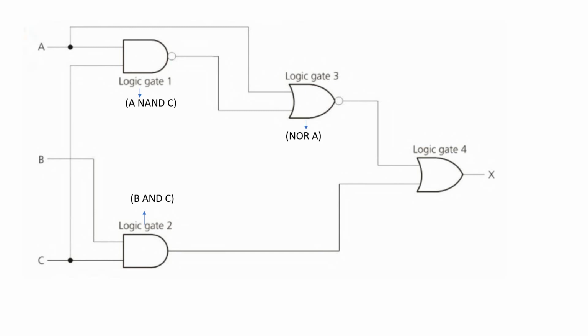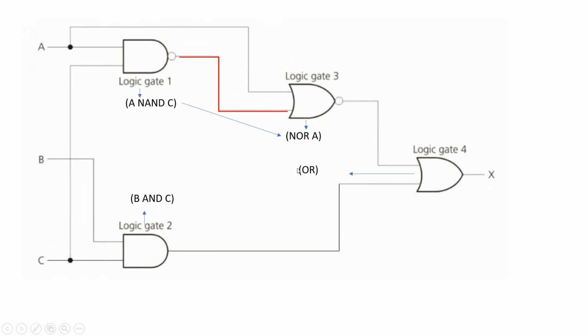So what we need to write is NOR A, and basically the other input is coming from A NAND C. So you got the idea, right? One part of NOR will be A, other part of NOR will be A NAND C. So A NAND C, NOR A.